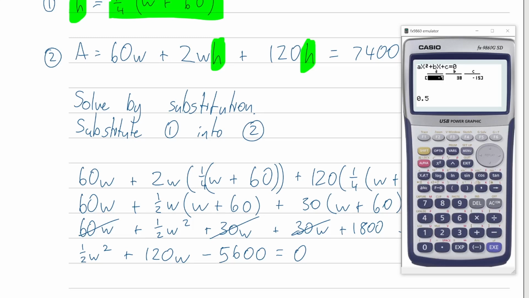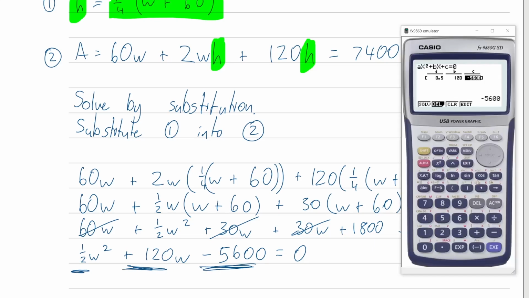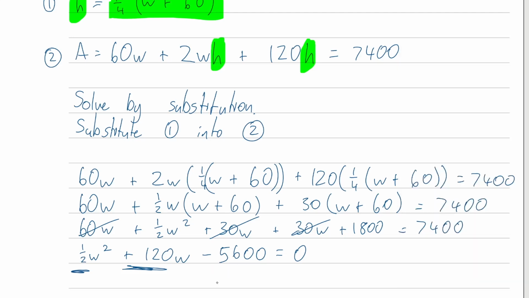And we have 1/2, so 0.5, 120 for B, and minus 5,600 for C. So that's just these coefficients here. And I hit solve F1 to give x equals 40 or negative 280. But in this case it's W, so W equals 40, or W equals negative 280.